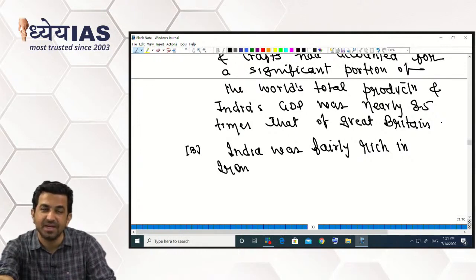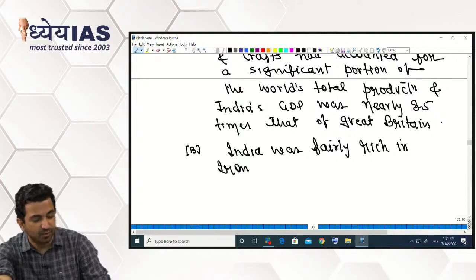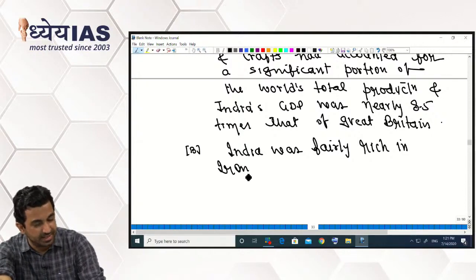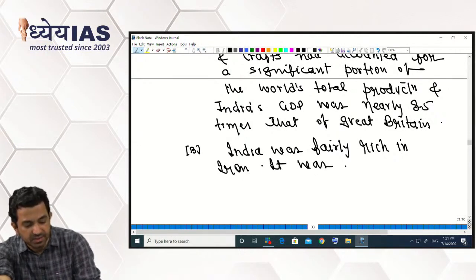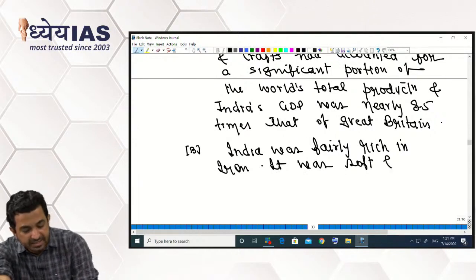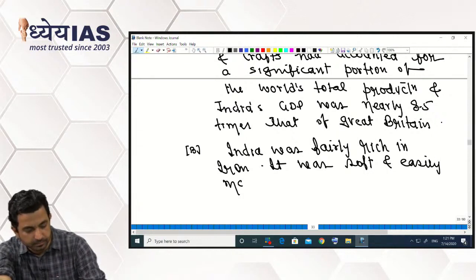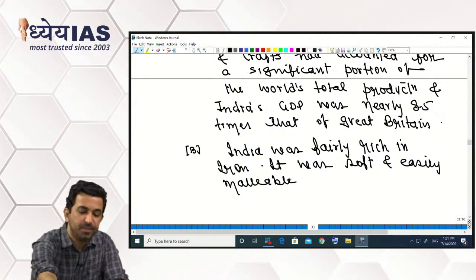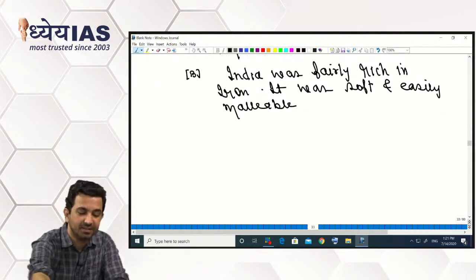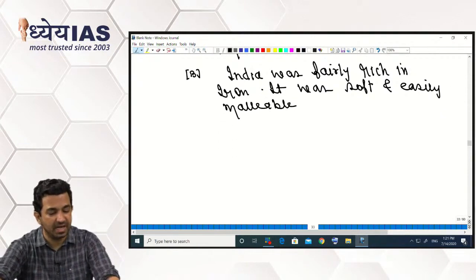Sometimes China, sometimes India, these two countries are the leading producers of iron.